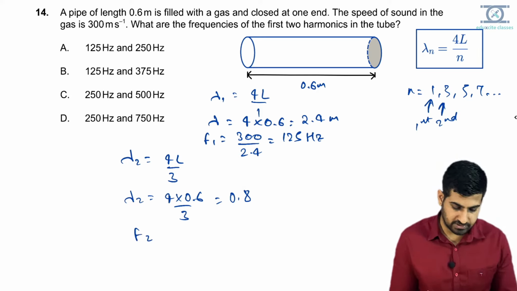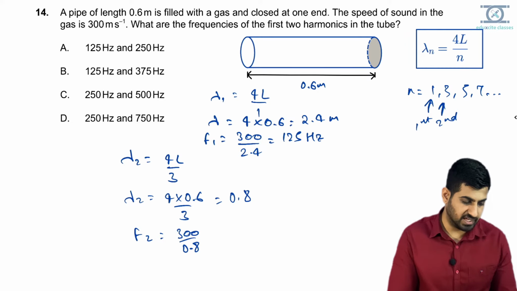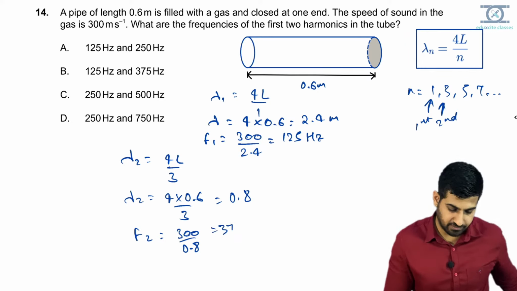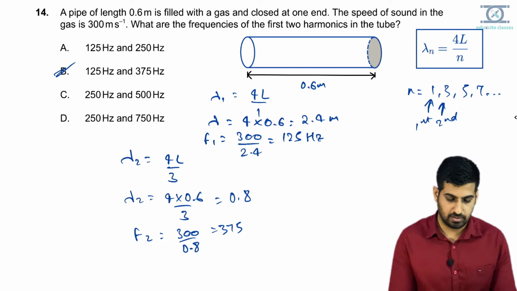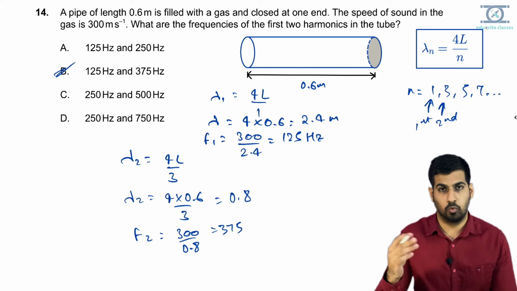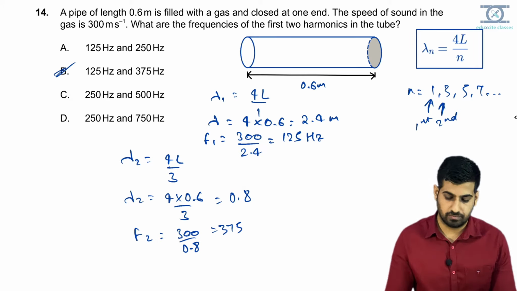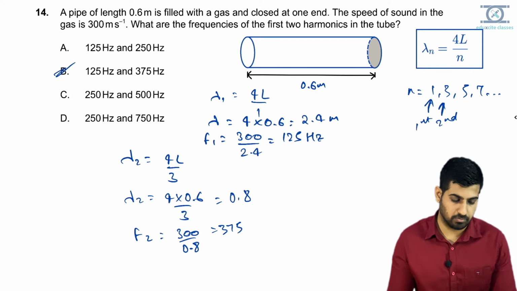And then frequency will be 300 divided by 0.8, that you get 375 hertz. So option B is the right answer. You have to remember this formula, and for one end open and one end closed, you have to use the odd numbers for the first, second, third and respective harmonics.